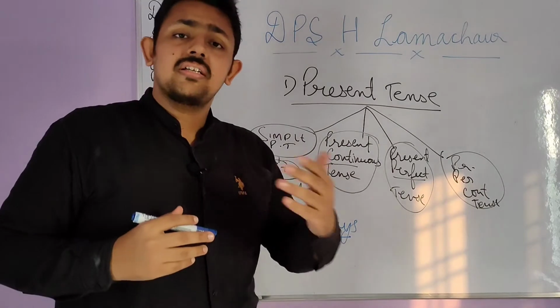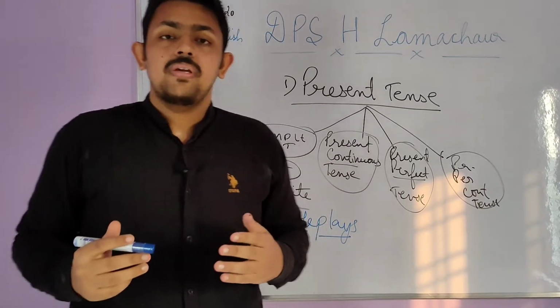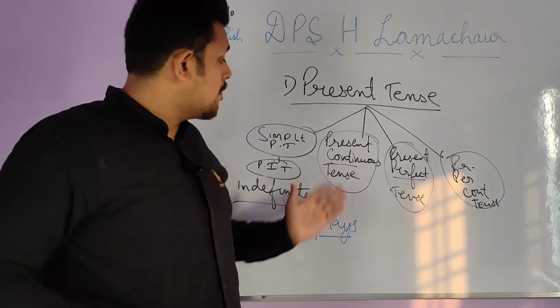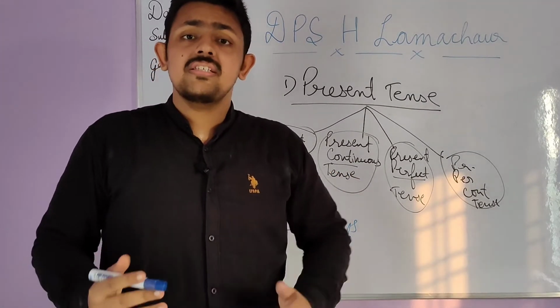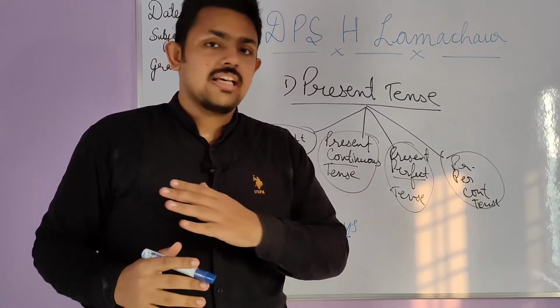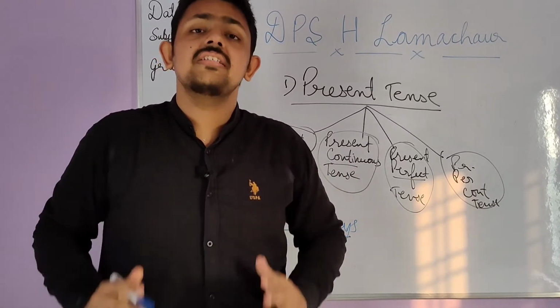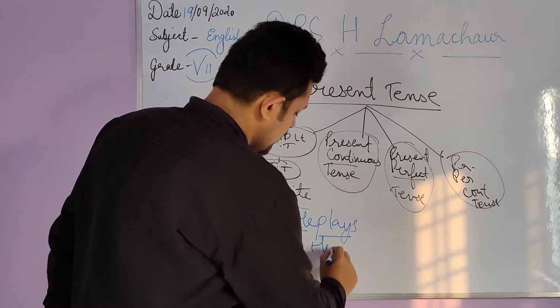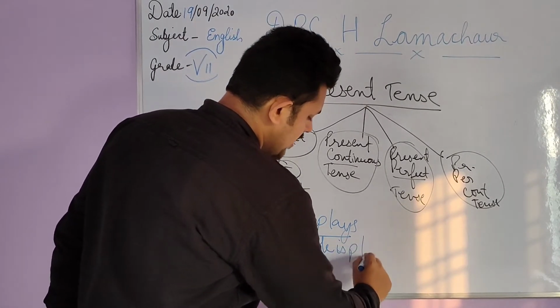Secondly, we have the present continuous tense. Here, he plays, वो खेलता है. Second is present continuous tense, which means the action is in continuity. The action has not completed, but it is still happening. So see, he is playing.